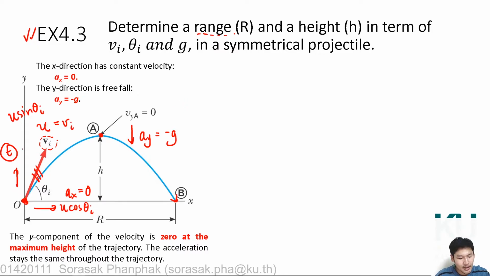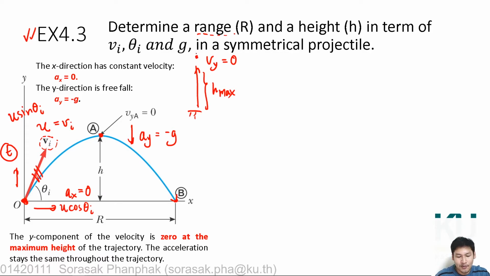And what happens? As time goes on, this particle moves upward due to the u sine theta. When it reaches the maximum point, vy equals 0, which means you reach the maximum position, right? Because it goes upward and cannot go further.